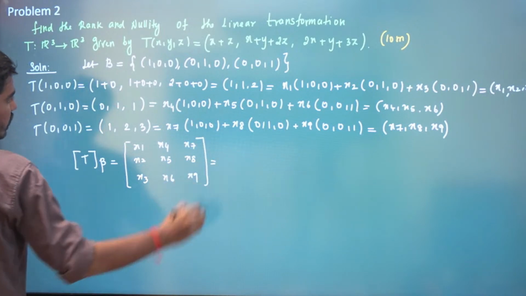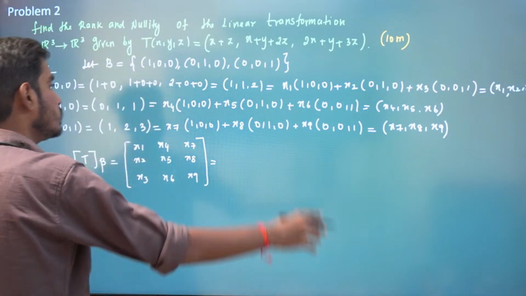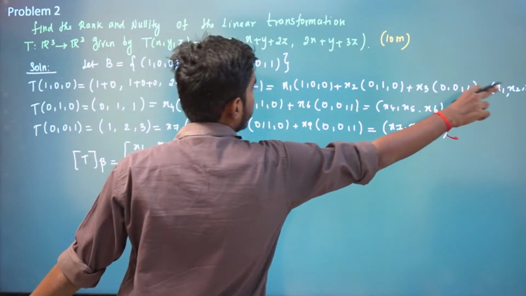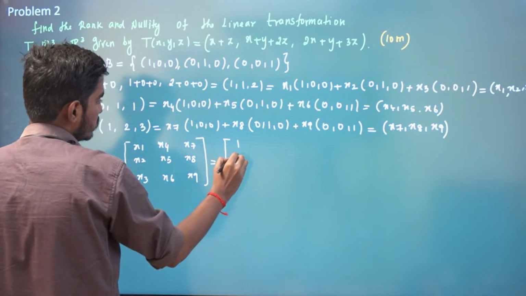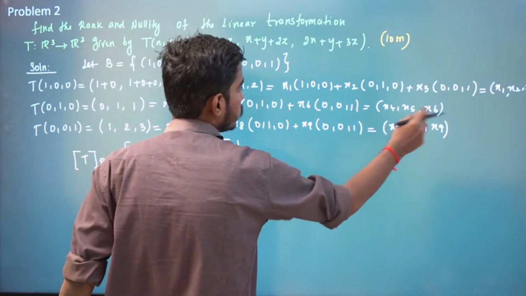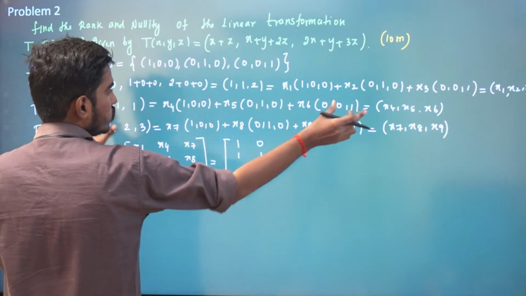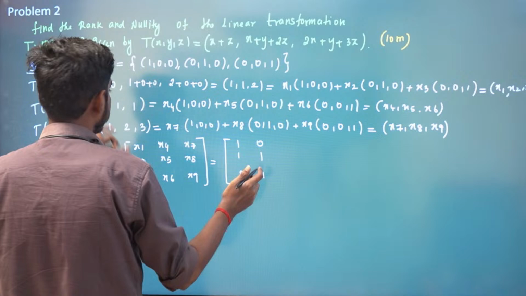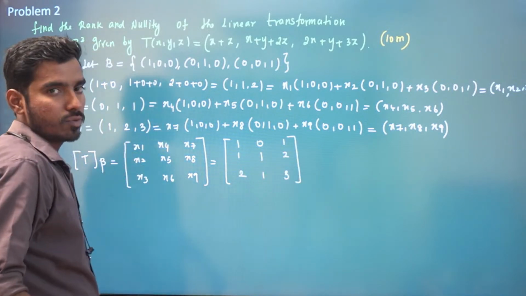But if it is a standard basis, finding the unknowns is very easy, because x1, x2, x3 is nothing but 1, 1, 2, x4, x5, x6 is nothing but 0, 1, 1, and x7, x8, x9 is nothing but 1, 2, and 3. This is the matrix of T with respect to the standard basis.